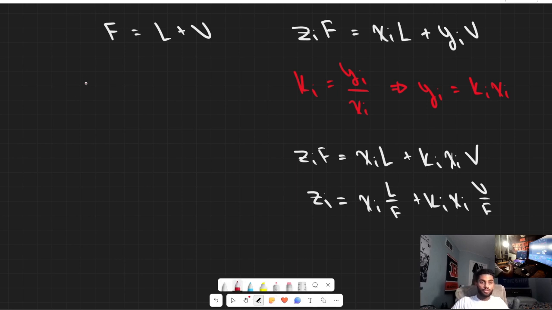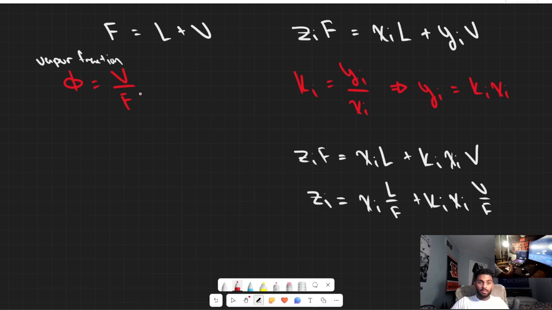And I'm going to introduce a new variable phi, which I'm going to label as the vapor fraction. And the way I'm going to define this is as the mass in the vapor phase over the overall feed.